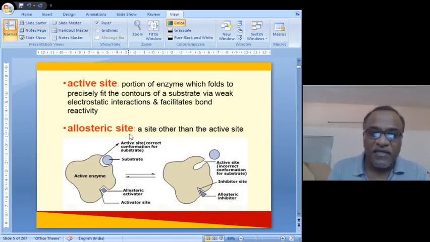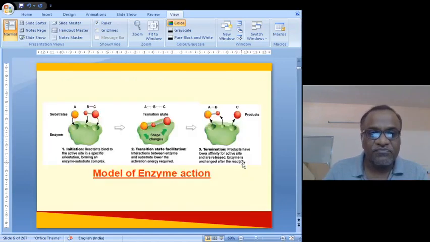As I said earlier, it is the portion of the enzyme which folds precisely so that the contours of a substrate fit precisely to the active site through electrostatic interactions, which facilitates bond reactivity. Then we have something called the allosteric site. This is a site other than the active site. We will be discussing the allosteric site in allosteric regulation.